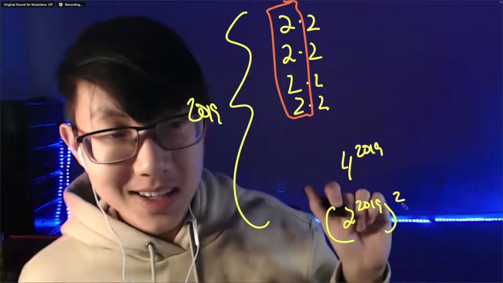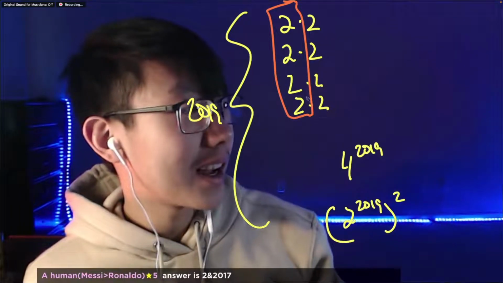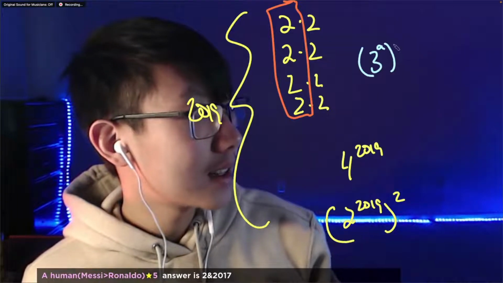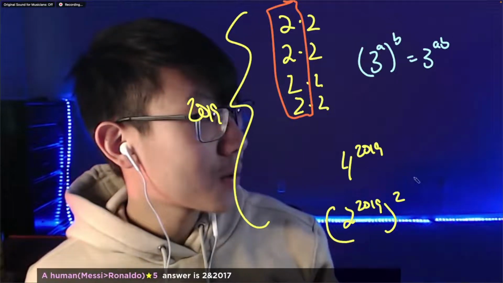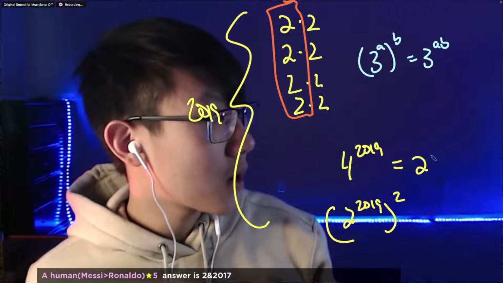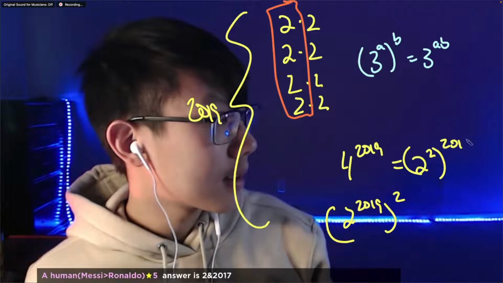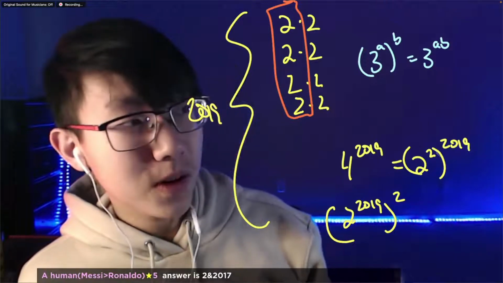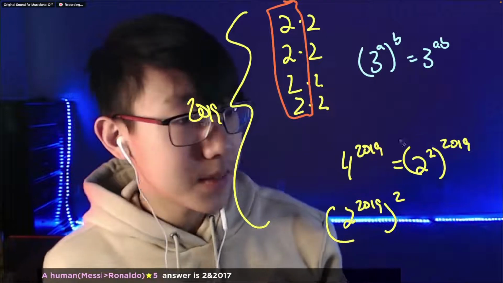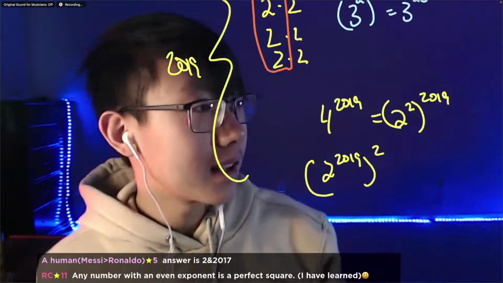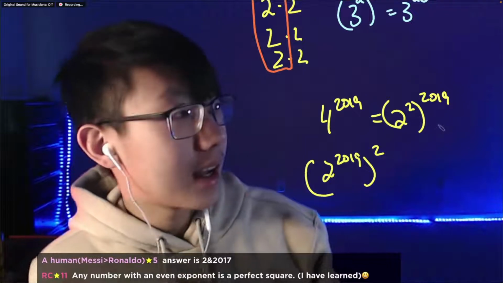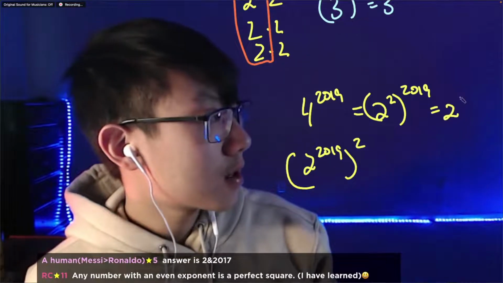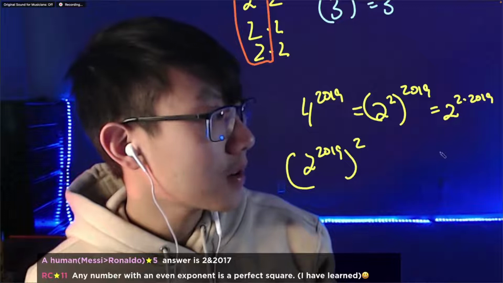And another way you can do this using the fact that we had earlier where (3 to the a) to the b is equal to 3 to the a times b, this can be written as 2 squared to the 2019th. Or in other words, 2 to the 2 times 2019. So this can be written as 2 to the 2 times 2019, which means you can also do it backwards.